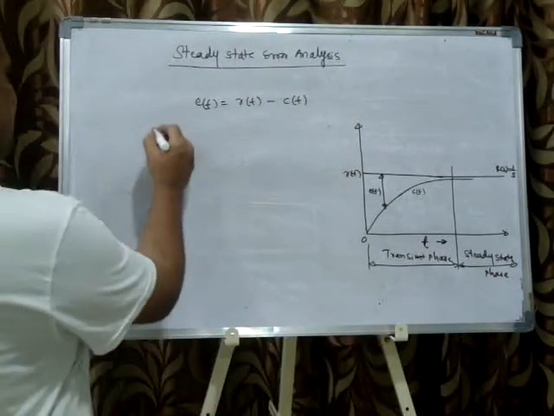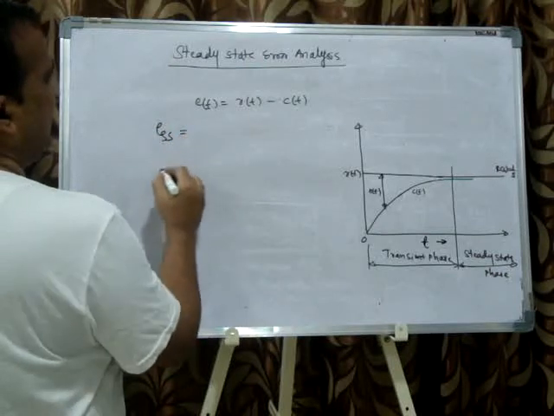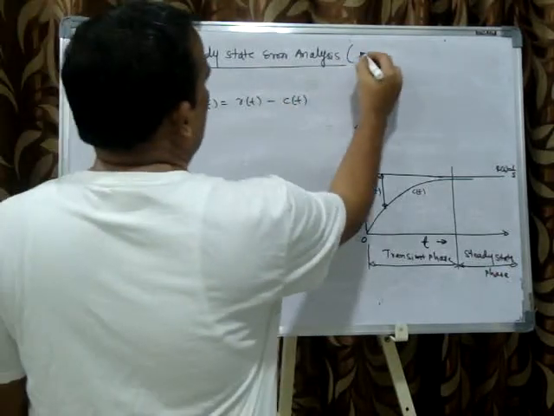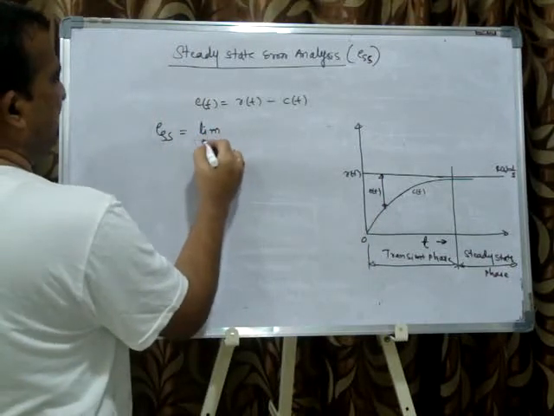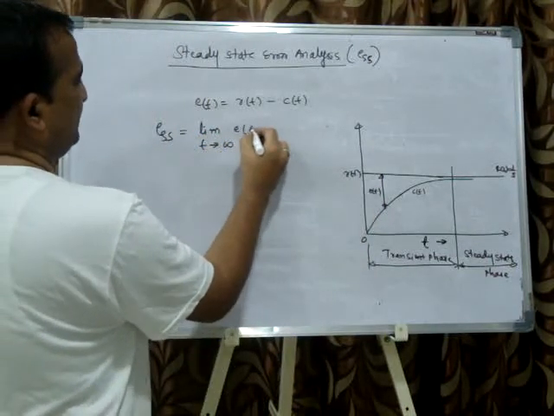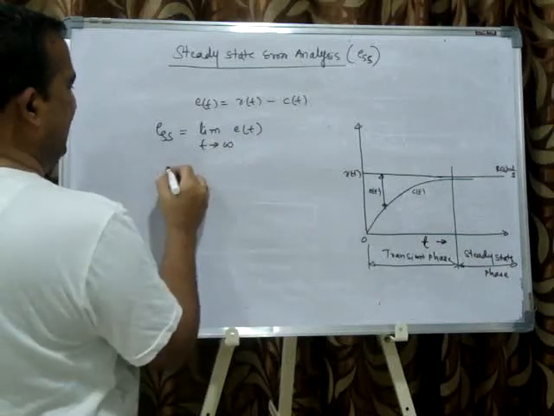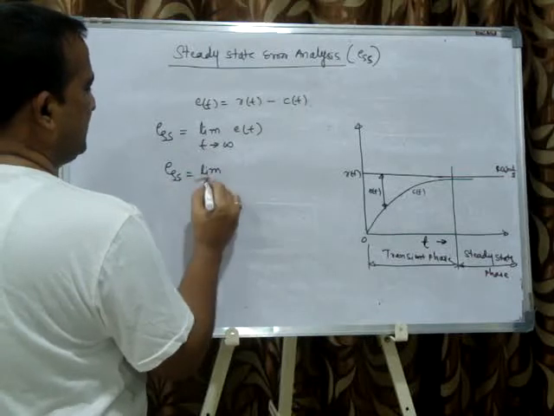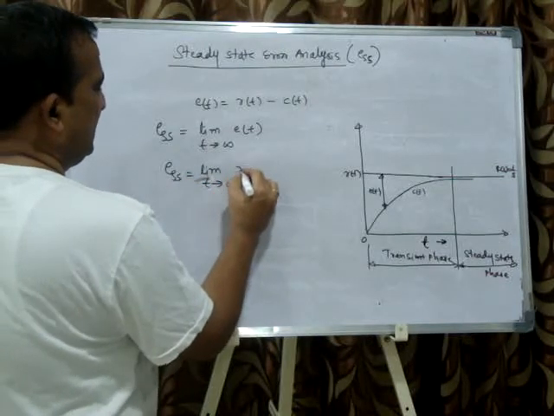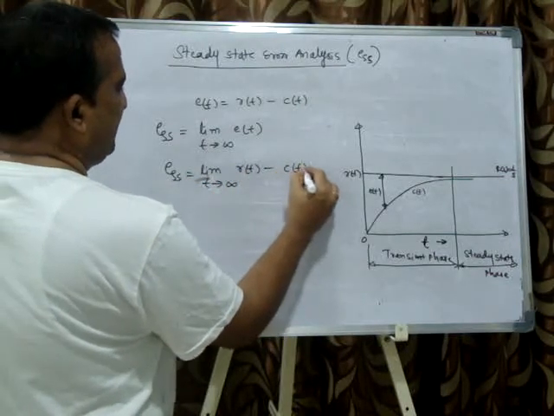So in mathematics, steady state error, I will call it ESS, is the limit as t tends to infinity, after sufficient time, of the error at any time. That is equal to the limit as t tends to infinity of r(t) minus c(t).